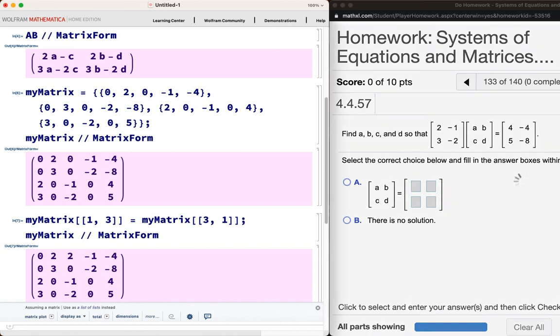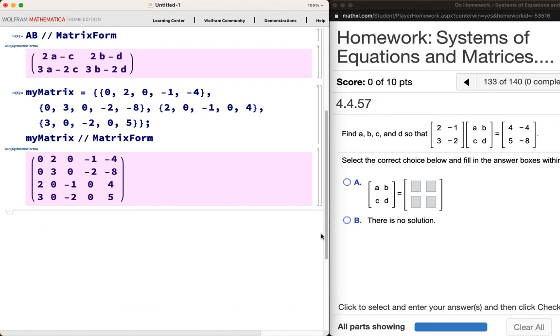Oops, wait a minute. Why did that not work? Oh, I see. Okay, I see exactly what happened. I swapped elements. Sorry about that. Okay, that's not good.